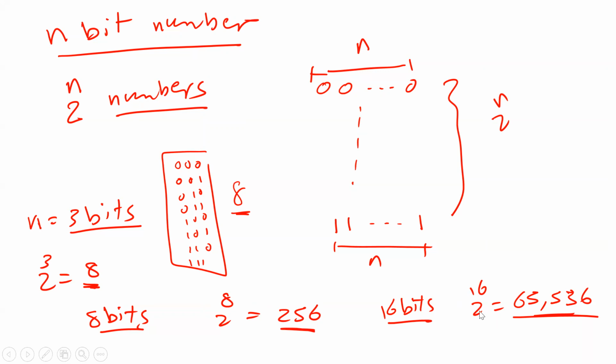Same thing, very easy. 2 to the power 16, which is 65,536. So this one has all the numbers from 0000 until 1111. Is that easy? Most of the time we're going to focus on 8 and 16, as I said.